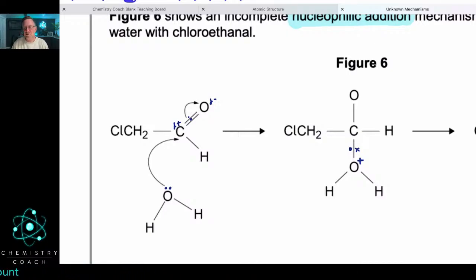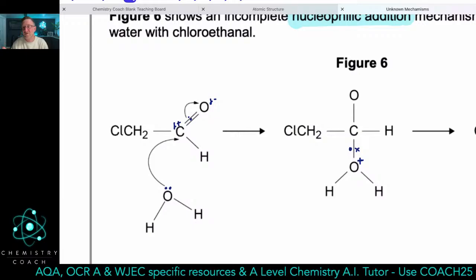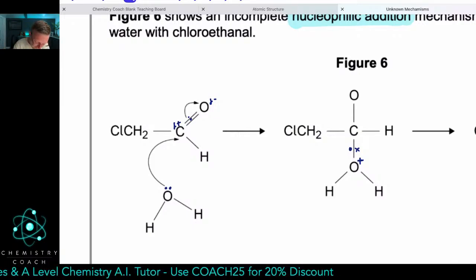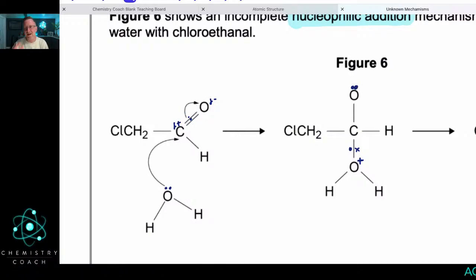So technically one of those electrons that did belong to oxygen now belongs to carbon. So that's why we can say that oxygen's lost an electron now. That's why that's positive. On the flip side of things, this pair of electrons that was in this C double bond O, where the bond broke, both of those electrons went to this oxygen, and that's why that now has a lone pair on it.